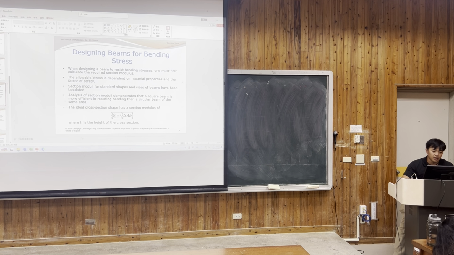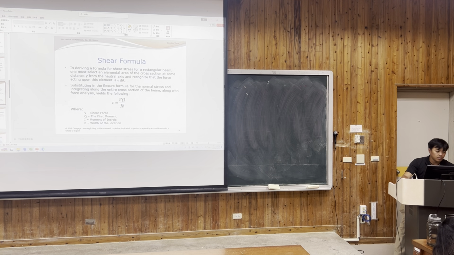There's an equation like the section modulus equals 0.5 AH. This is somehow a design method. So we are talking about the normal stress, I mean the pure bending, the positive bending and negative bending.